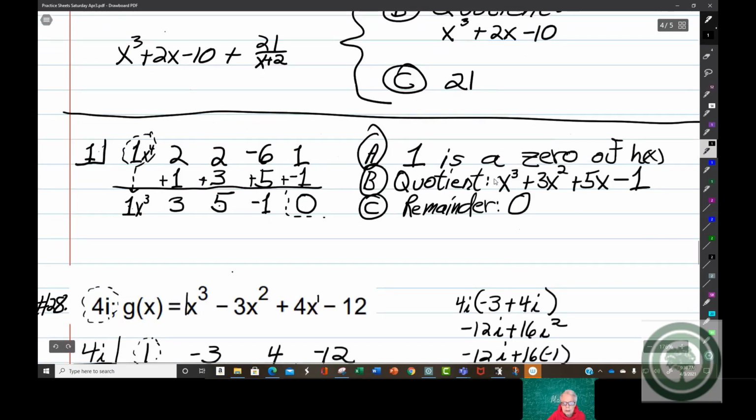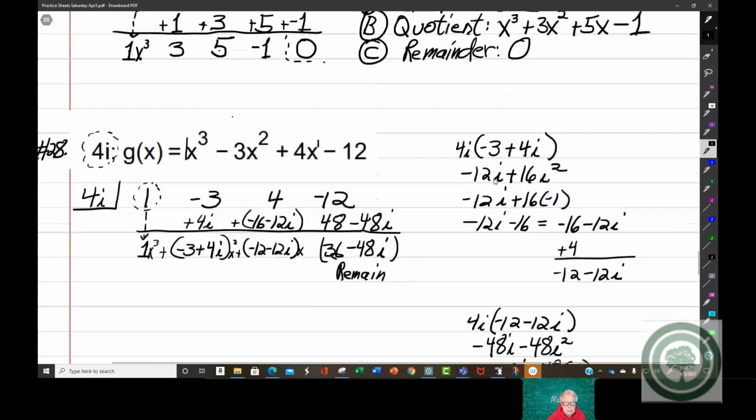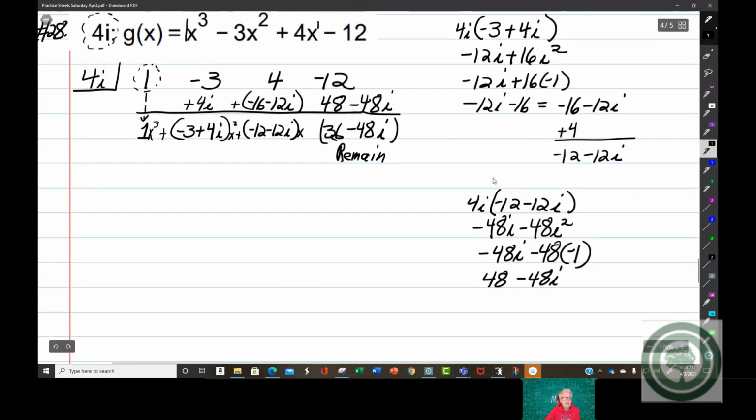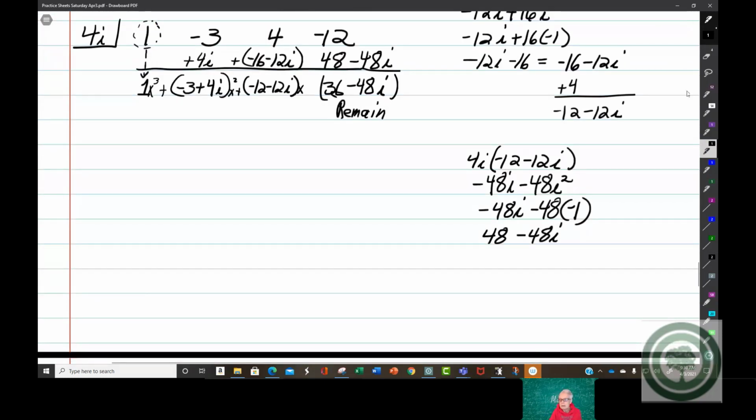Did I lose something? Oh, this is a cubic. Never mind. See, it could have ruined my whole day. And your day. Your whole day. Never mind. Okay. Everything is good.